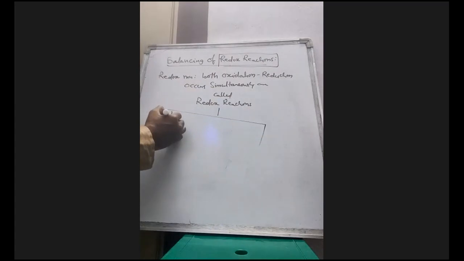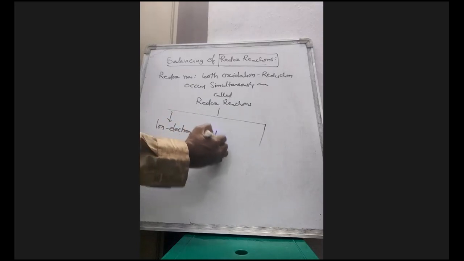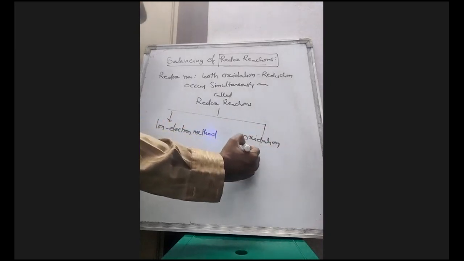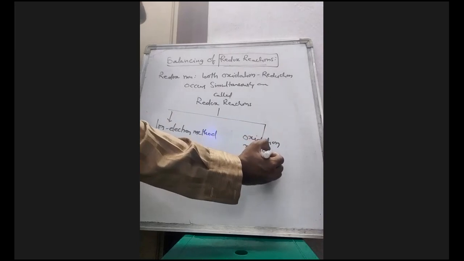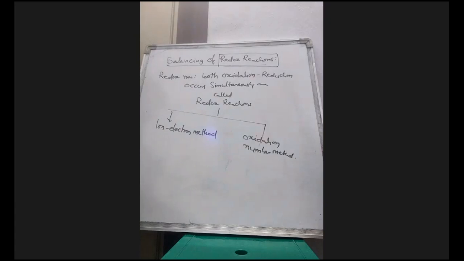One is the ion-electron method, and the second one is the oxidation number method. In this video, I am going to discuss balancing of redox reactions by the ion-electron method.